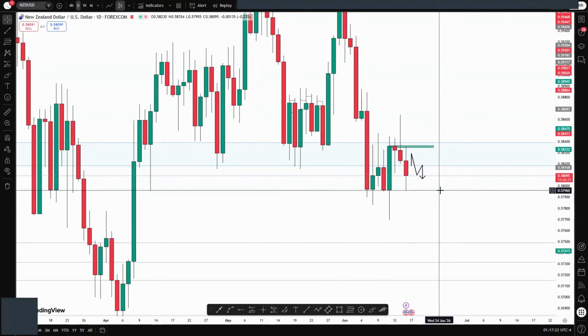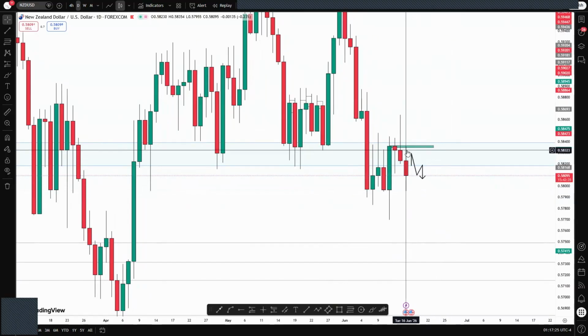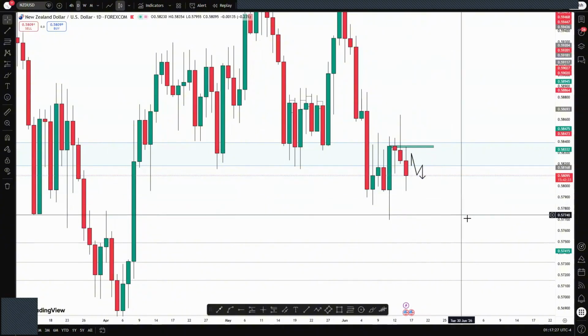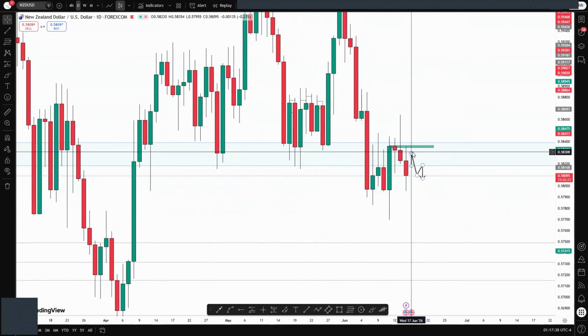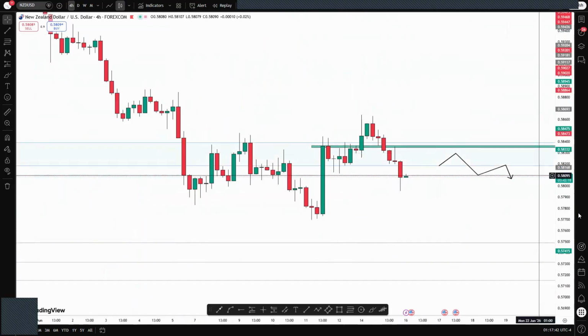But it was supposed to give us this same pullback as we also expected. Okay. And it was also supposed to what? To give us a nice retest in the 4 hour time frame. You see?